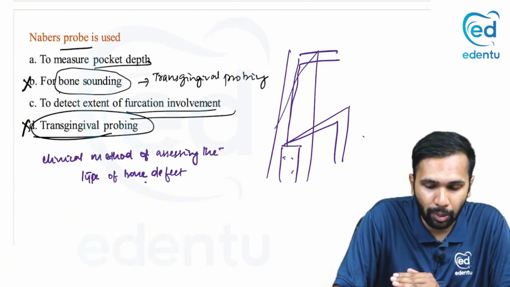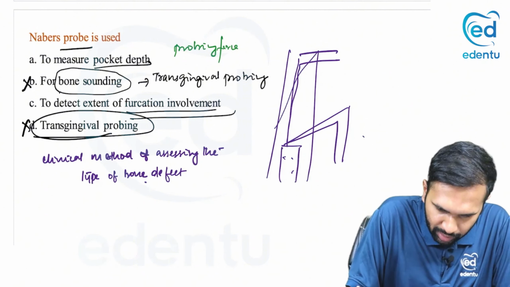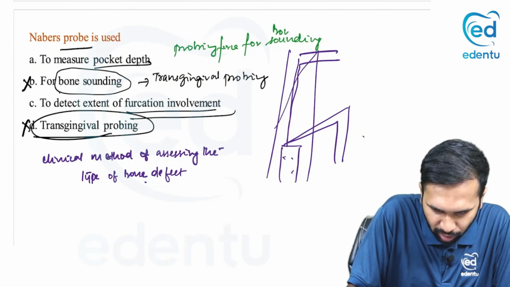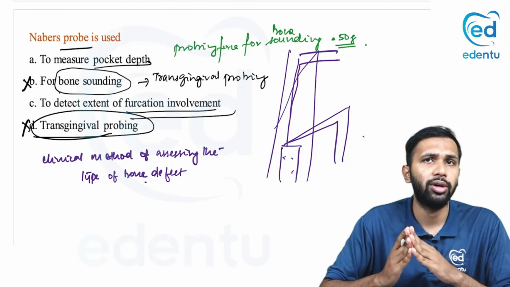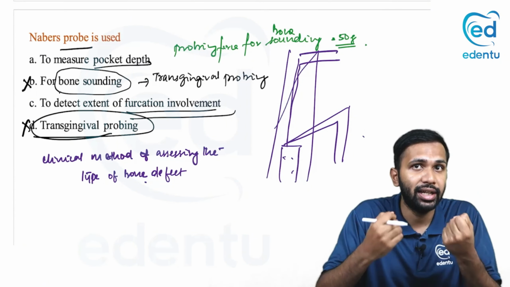And one important thing is that the probing force for bone sounding is 50 grams. It is almost double that of your normal probing force, right? That is how you completely dissect and learn the question.